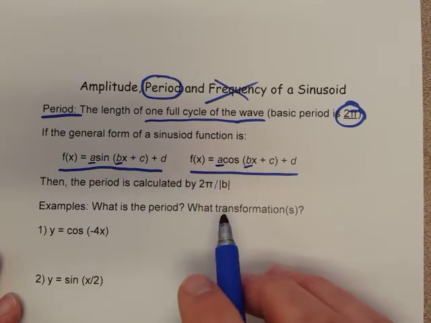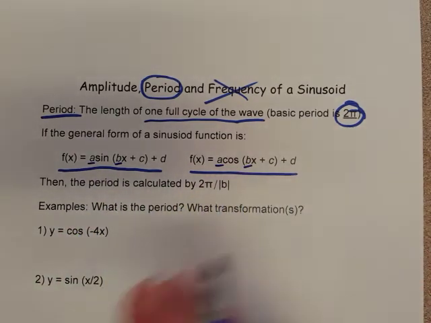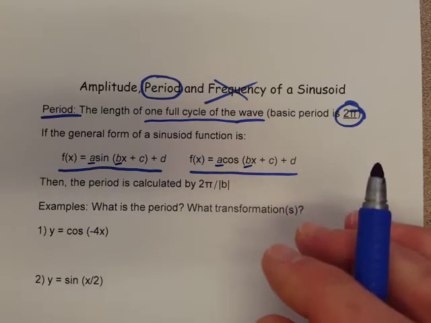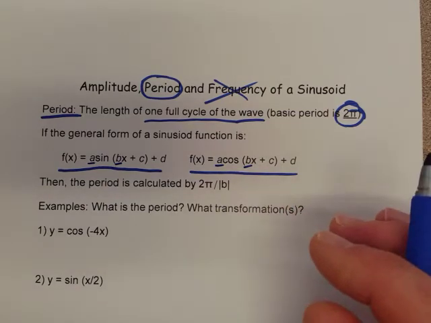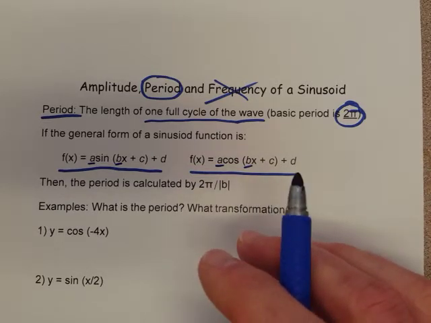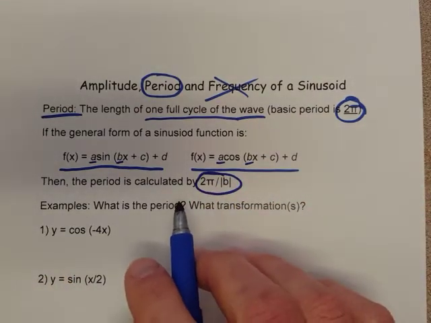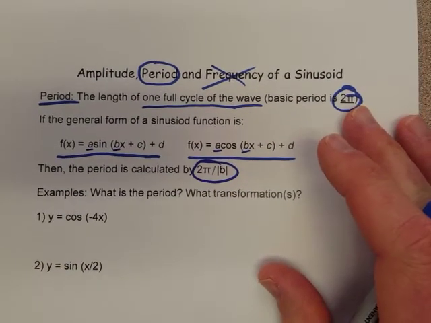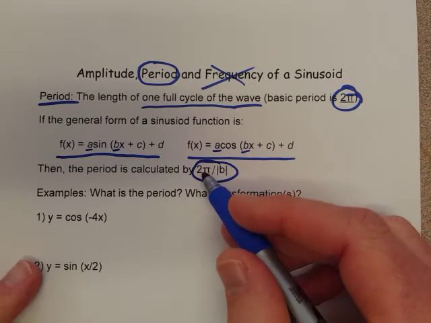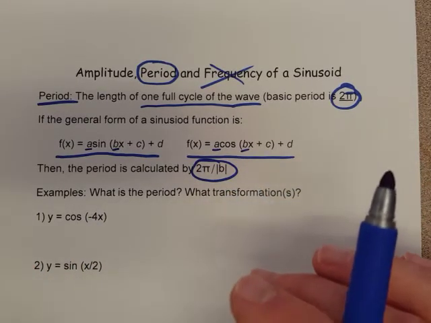B is going to have to do with the period. That's going to change what the width of a wave is horizontally. And so what that's going to do is it's going to have an effect on horizontal stretch and shrink. Now the period is going to be calculated by this little formula right here, 2 pi divided by the absolute value of B. I usually just call it 2 pi divided by B, and I just ignore the negative.